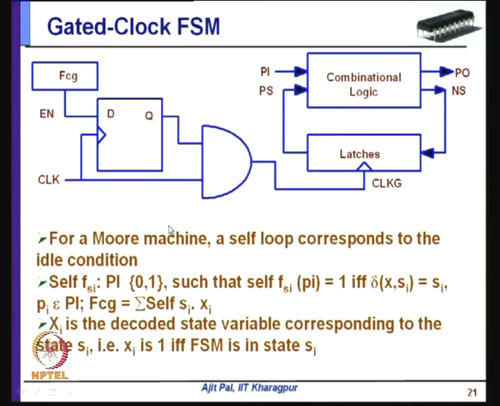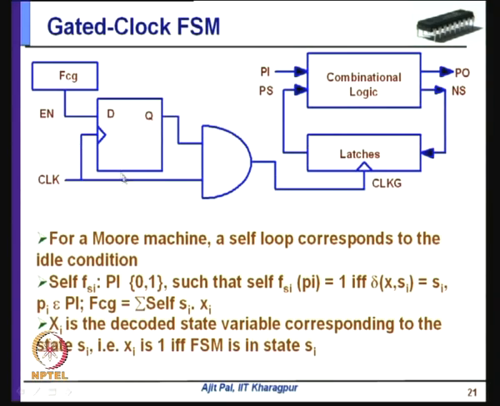Not only can clock gating be done in combinational circuits, the finite state machines can also be clock gated. This is known as gated clock finite state machine. Here, as you can see, normally this is the schematic diagram of a finite state machine, and directly clock is applied here, and the sequential circuit operates, the finite state machine operates.